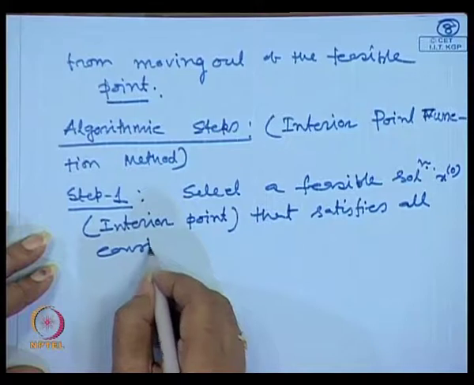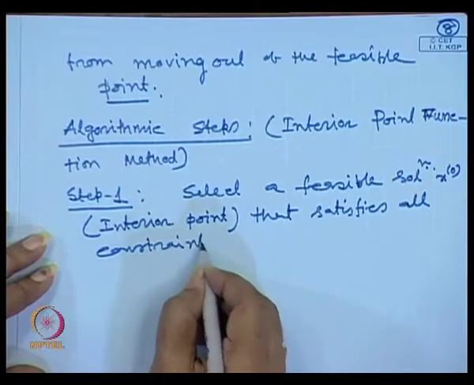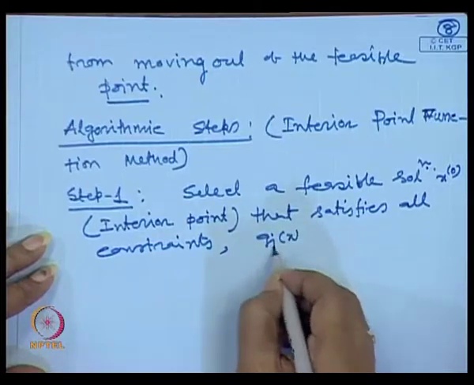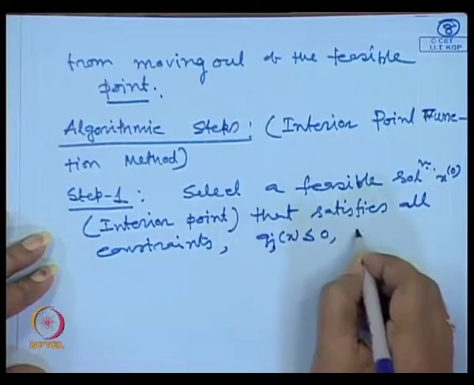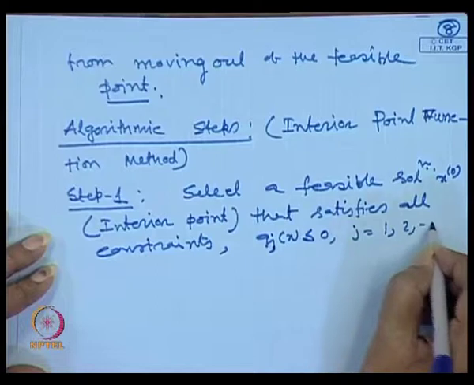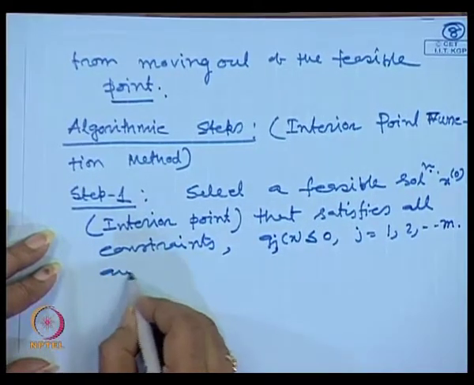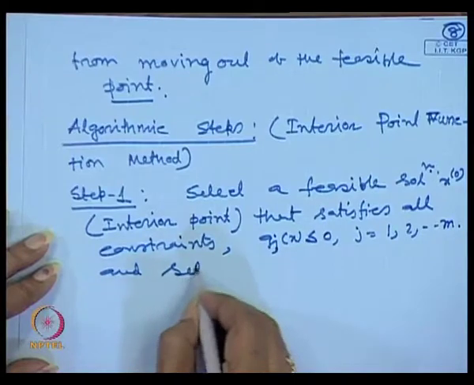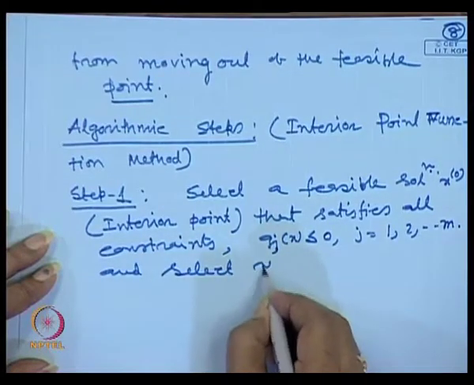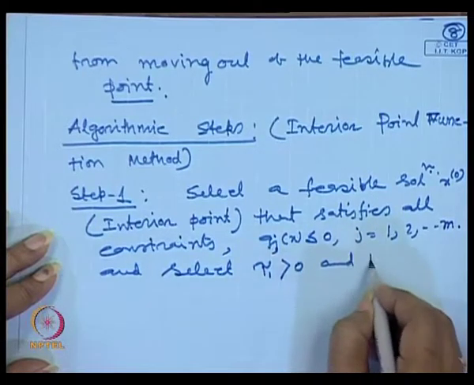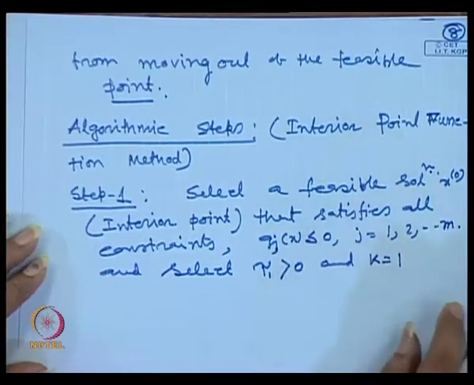And these two methods are efficient in solving nonlinear optimization problems. Then we will see next how to solve a problem by taking a numerical example, employing the technique we have discussed, the interior penalty function method or barrier function method. So, I will stop the lecture here.